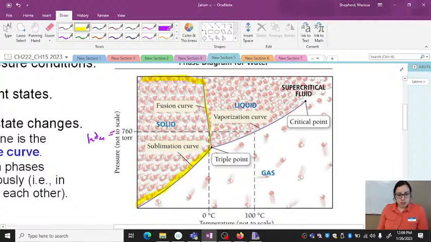So you can see it basically needs to be under 0 degrees Celsius. There's some places where you could decrease the temperature and the pressure, and that would cause it to sublime, so go from a solid to a gas down at this range. So something very cold, but again, low pressure.